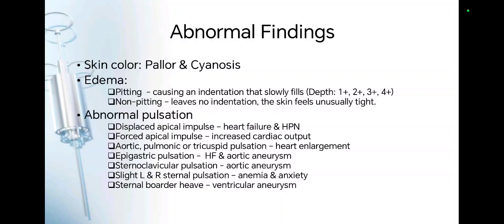Slight left and right sternal pulsation may suggest anemia or anxiety. And sternal border heave may suggest ventricular aneurysm. So you have to check this one, and if these are assessed in a patient, then it may suggest different heart problems or cardiovascular problems.